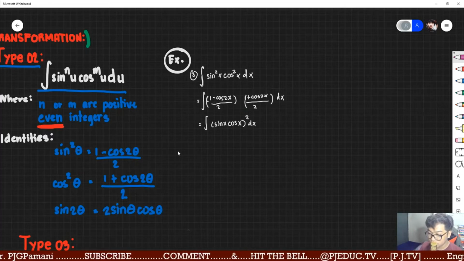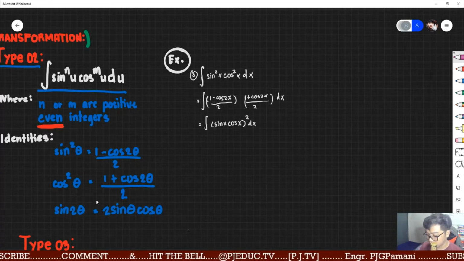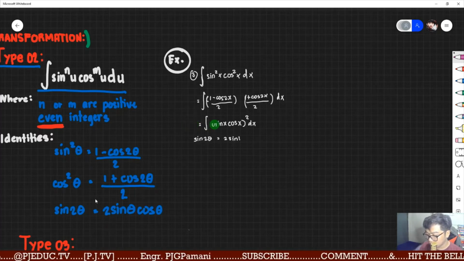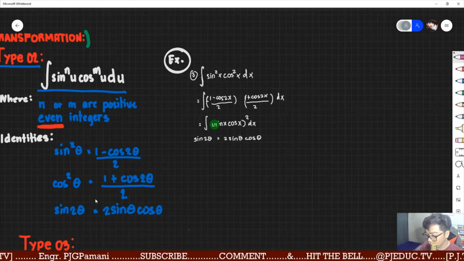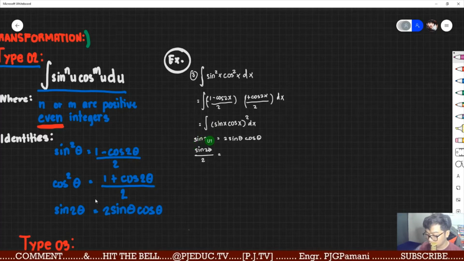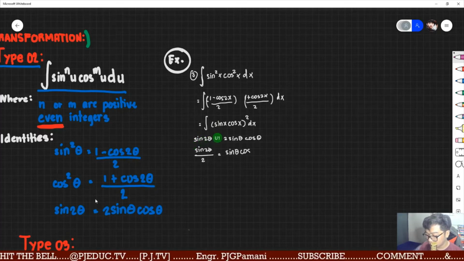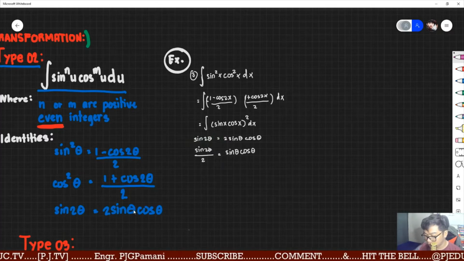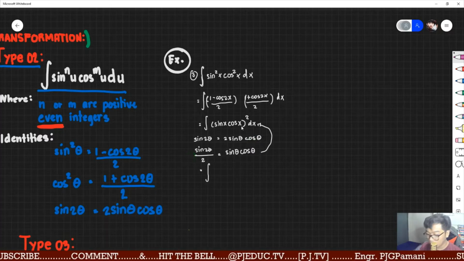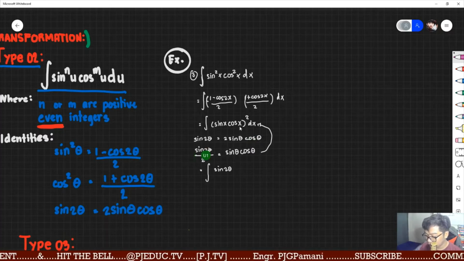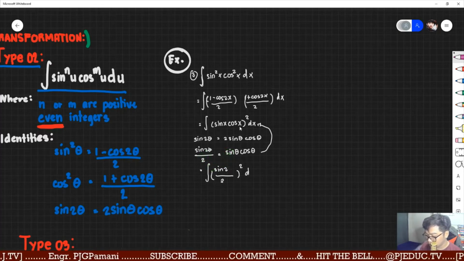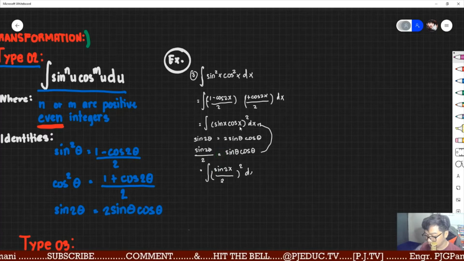Then we know from our identities that sine 2 theta is simply equal to 2 sine theta times cosine theta, or sine 2 theta all over 2 is equal to sine theta times cosine theta. Notice the similarity with our problem. So, we can express this integrand as (sine 2x all over 2) raised to 2 dx.